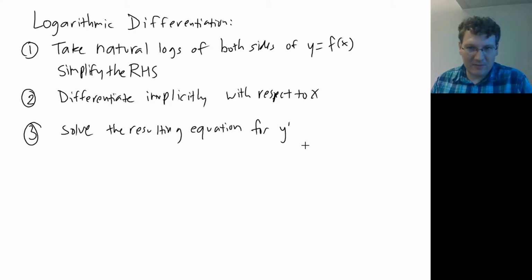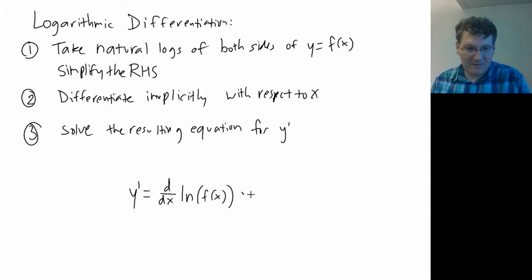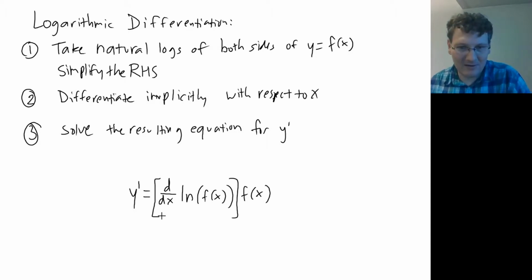And actually, if you think about it in general, what you're going to get is y prime is the derivative of the natural log of f of x times f of x. This is generally what it's going to come out to be.